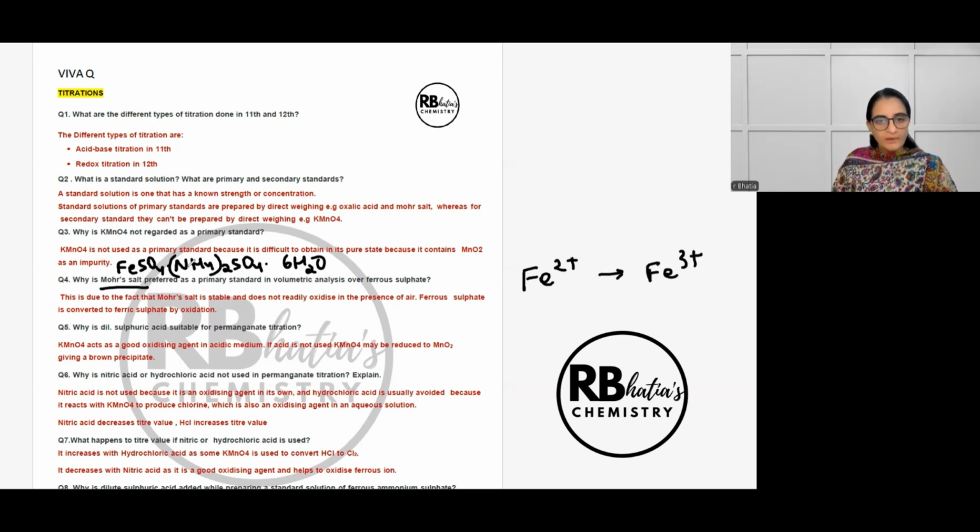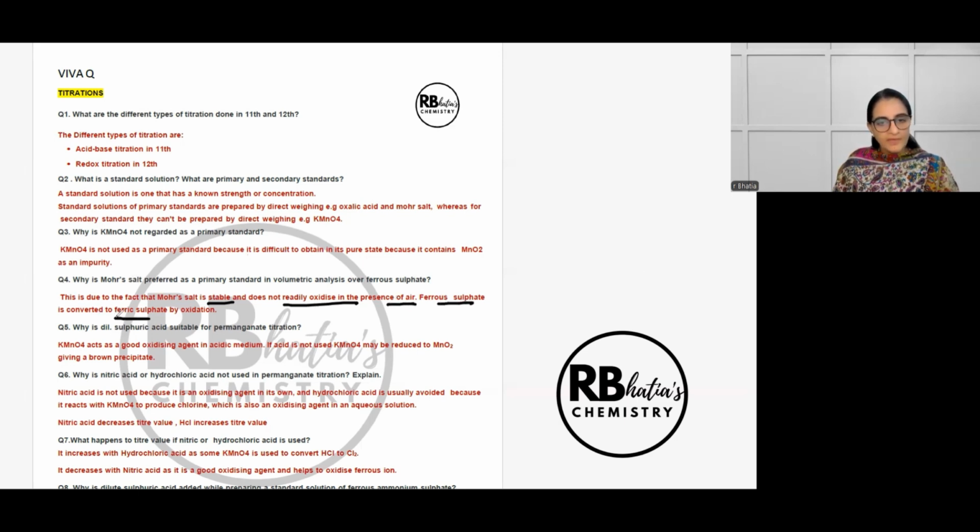So why are we using ferrous sulfate in the form of Mohr salt and not pure ferrous sulfate for this titration? This is due to the fact that Mohr salt is stable, does not readily oxidize in the presence of air, whereas ferrous sulfate is easily oxidizable to ferric sulfate. So Mohr salt is a more stable substance, hence it is used as a primary standard.